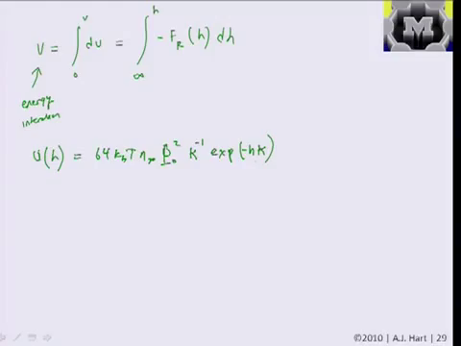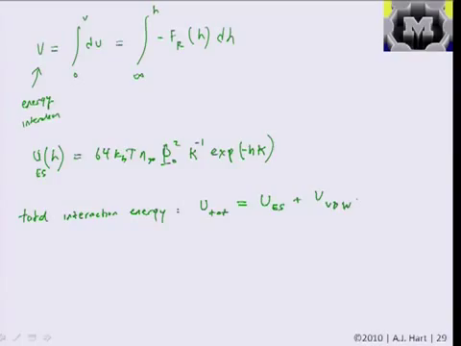And then what we can do is say that the total interaction energy, U total, is equal to our electrostatic term plus our energy for van der Waals attraction.